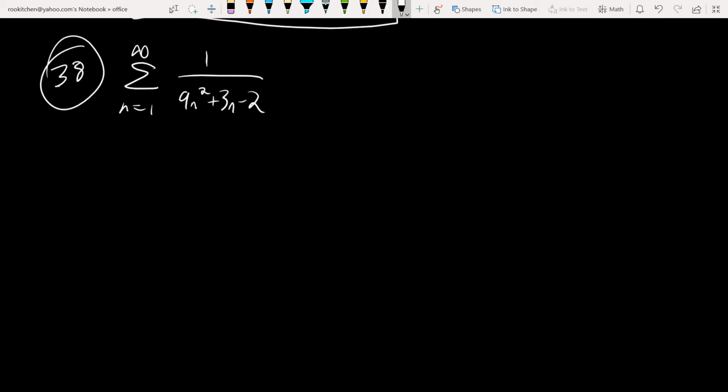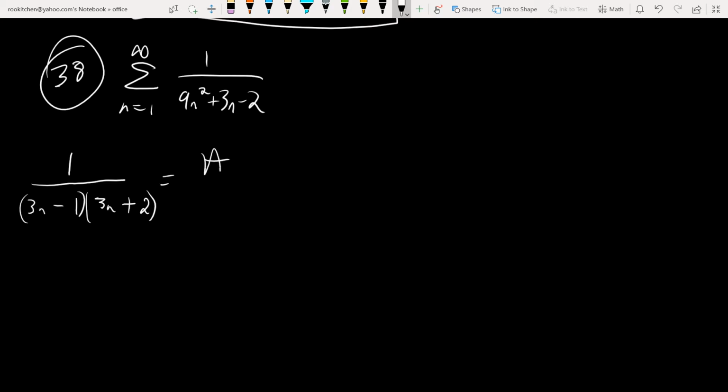So it's probably telescoping. So we're going to want to do a partial fraction decomposition on this fraction. Let's factor the denominator. That'll be 3n and 3n, and then 2 and 1. We want the bigger one to be positive and the smaller one to be negative.